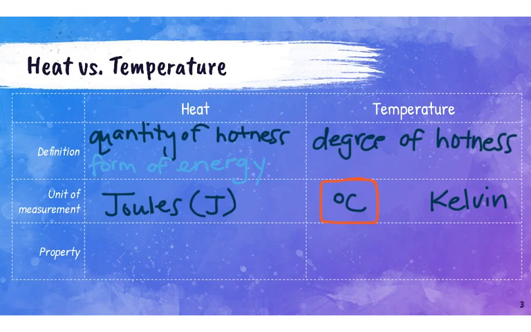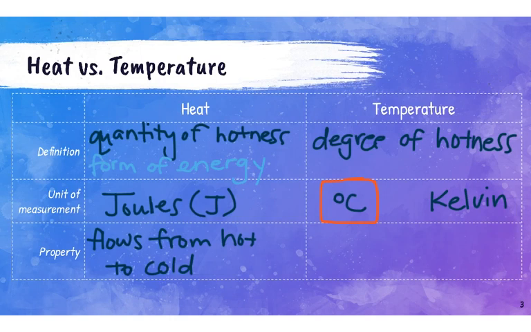In regards to heat, one of its properties is that it flows from hot to cold. For example, if you have something hot and you place it on the counter, that heat is going to flow into the counter.